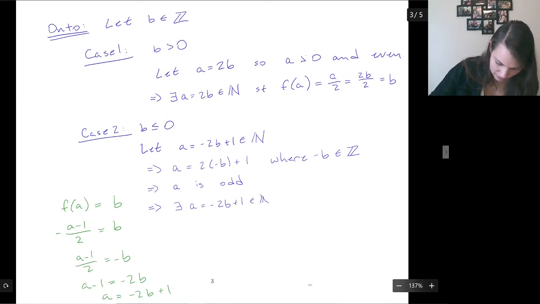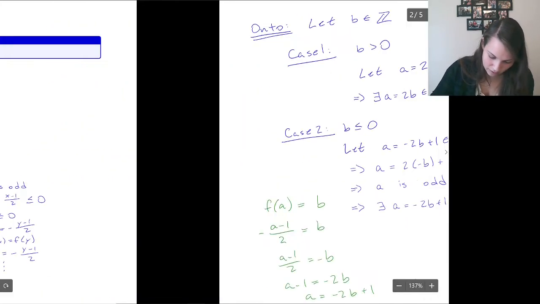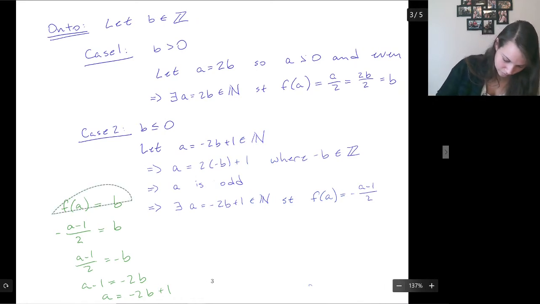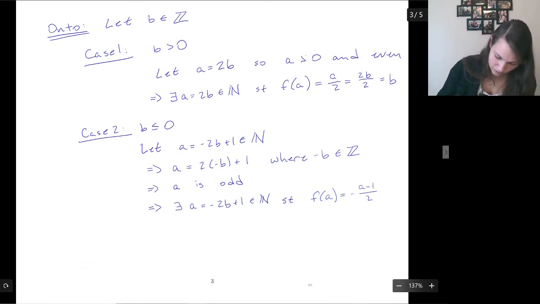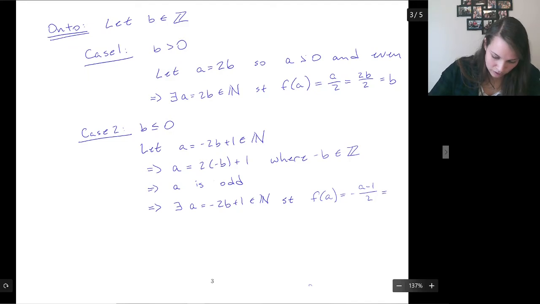That is a natural number such that f of A is equal to negative a minus 1 over 2. Is that the function? I have to check myself. Yeah, okay. So then f of a is going to equal a minus 1 over 2, and remember we get to do that because a was odd.